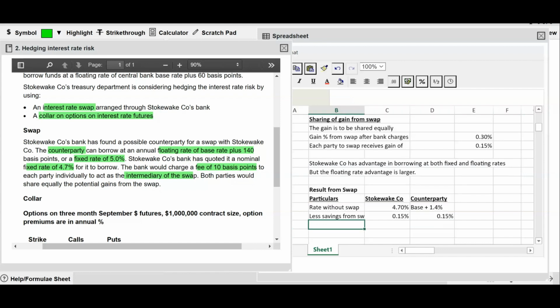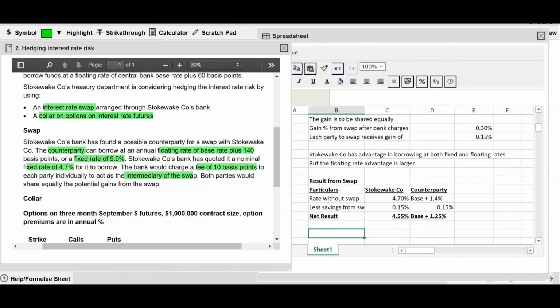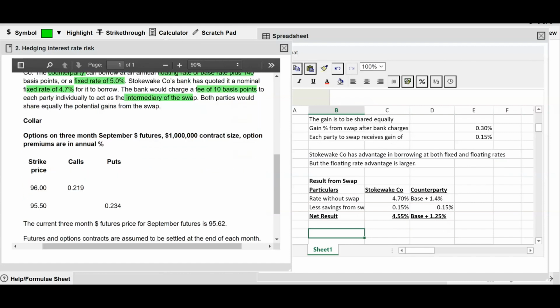Now listen, the net result, the cost after swap is going to be 4.7 minus 0.15, which gives 4.55 percentage. And the counterparty cost is going to be base plus 1.25 percentage, that is 1.4 minus 0.15. So on borrowing, the cost for Stockwake through swap arrangement is going to be 4.55 percentage.